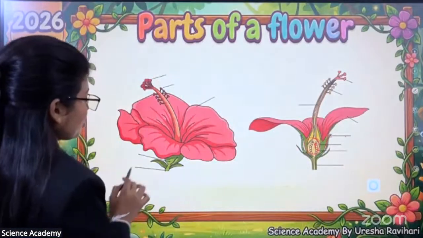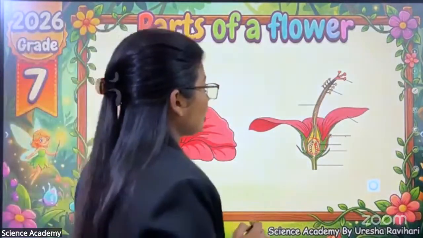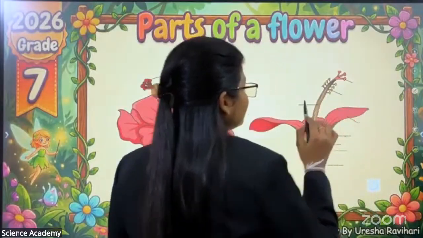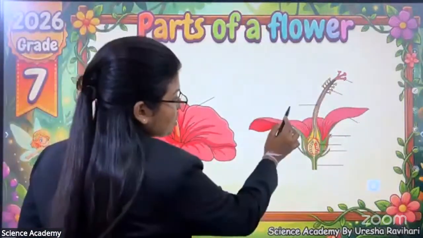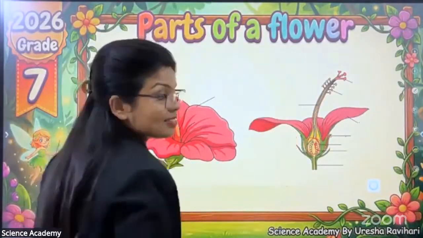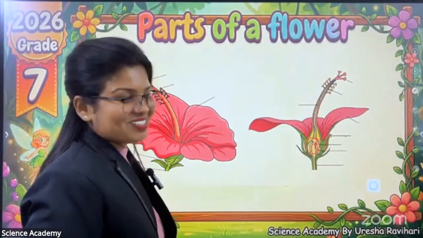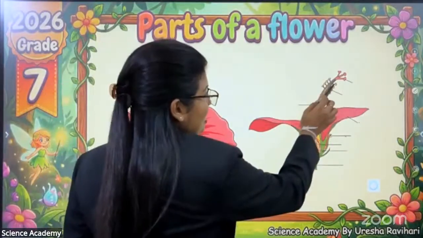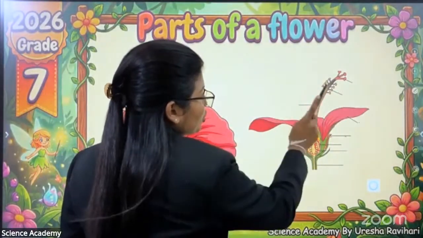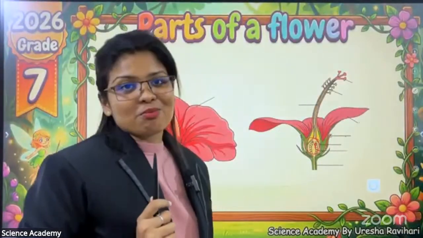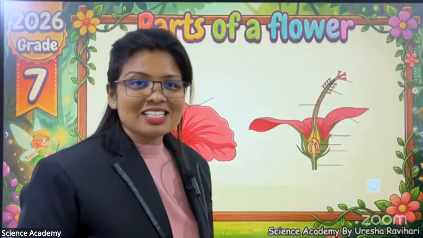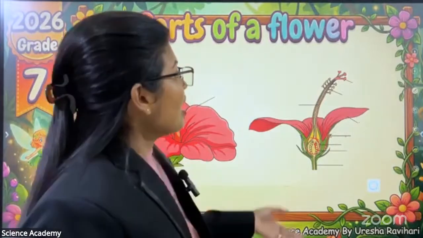Here also I showed you what sepals are. And these are petals, colorful in nature. And this is the style. I told you style is a tubular structure. And these are stamens once again. I told you what stamens are. That is the androecium of the flower. Androecium means male part. And then we discussed the stigma.